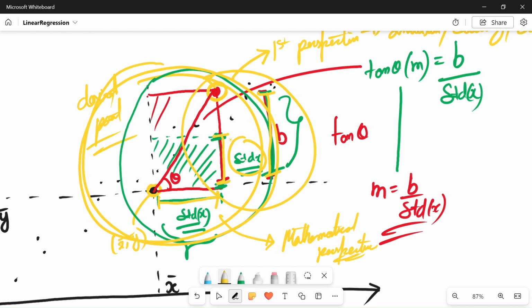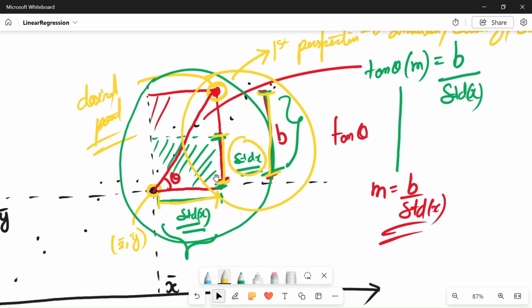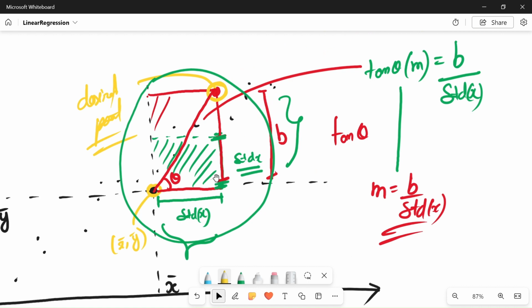Therefore, you can use the scaling perspective to explain what is happening over here, or you can use the triangular perspective, the mathematical perspective, the broadened point of view, to just take out the slope directly.